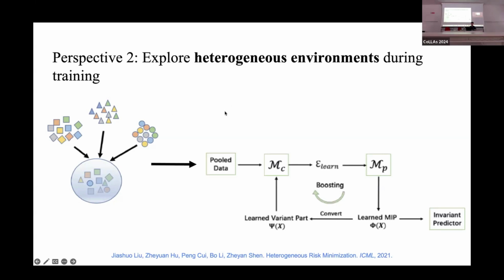It tries to do invariant prediction based on some learned environments, E-learned. These two modules can boost each other, and we may learn better environments, and also better invariant predictors. For this part, the heterogeneous environments can be viewed as a special kind of data heterogeneity.